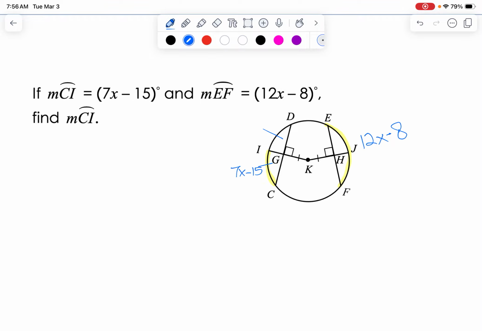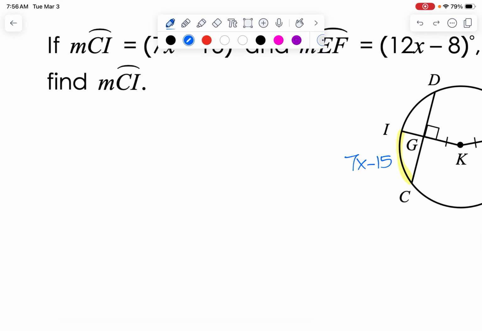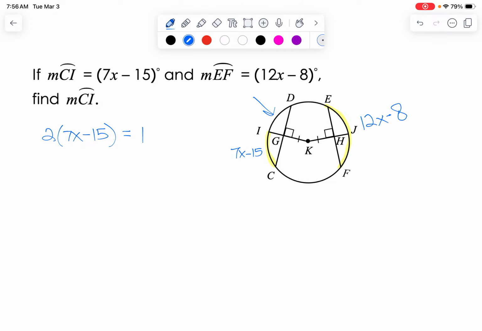It's perpendicular, so it bisects, right? So those are the same. So I'm going to double 7x. I'm going to do 2 of those because the other side would be the same over here, right? And that's going to be equal to the full arc EF, which is 12x minus 8.